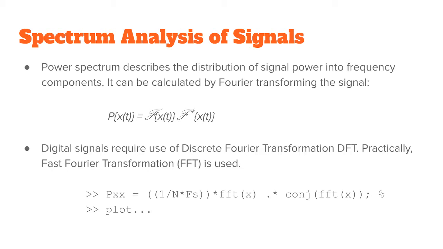That's simply done by Fourier transformation. The power spectrum definition is right there. So you take the signal x(t) and calculate the Fourier transform, and basically that's the second norm. You multiply it with the complex conjugate of the same Fourier transformation.